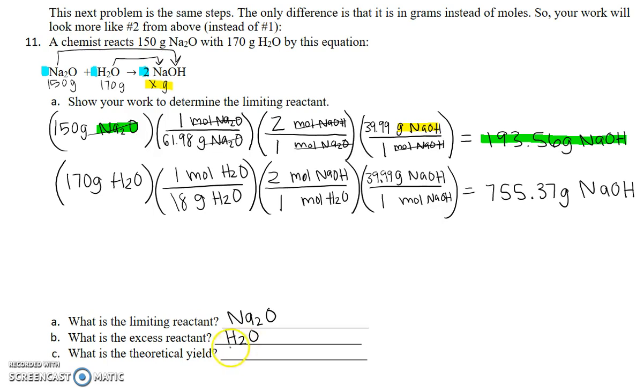So my answer for C is 193.56 grams of NaOH. I have more H2O. I have it in excess, meaning that once I've produced 193.56 grams, I have enough water to continue to produce product up until I get to 755.37. However, after 193.56 grams have been produced, I don't have any more Na2O. It runs out and the reaction stops.